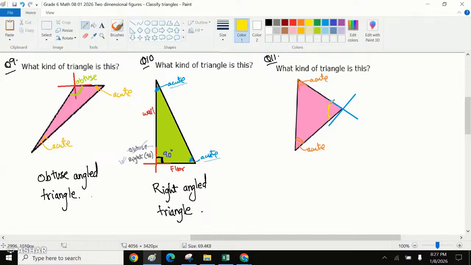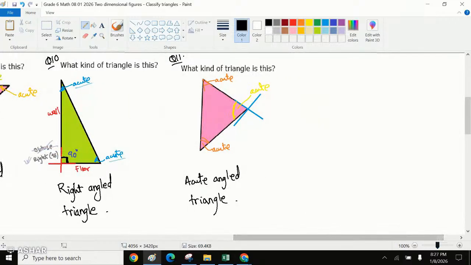That means it's still less than 90, so we can say this is also acute. Having three acute angles means it is an acute angled triangle. Okay, thank you for answering, Princely.